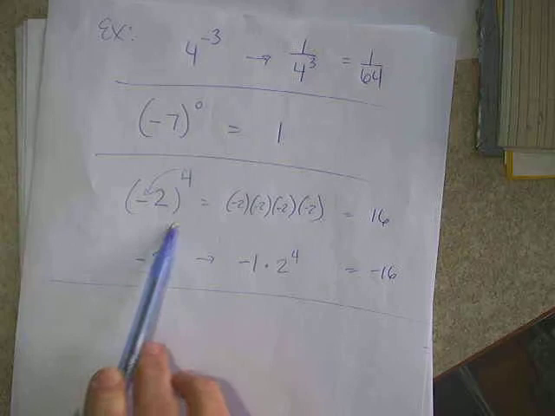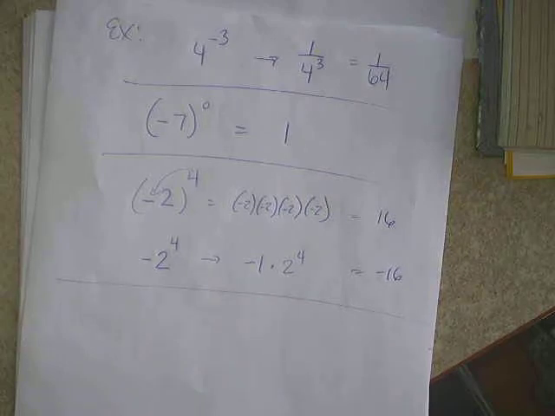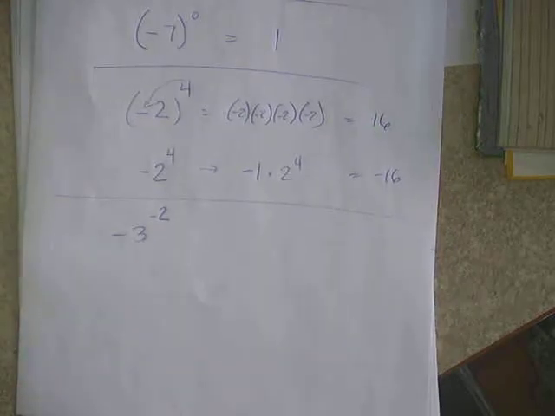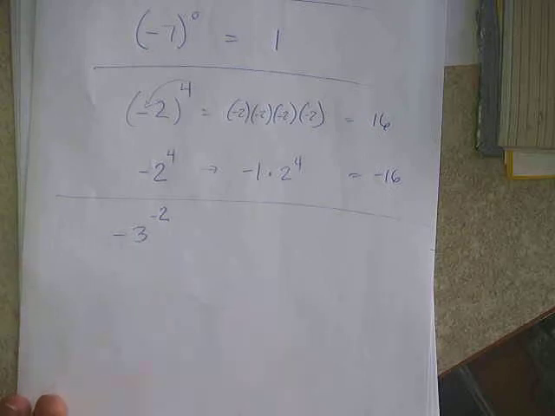So this would be -16. Parentheses will contain a negative, and then you apply it. Lack of parentheses means that's like a -1 in front. Okay? So you wouldn't apply the exponent to it if it's not in.